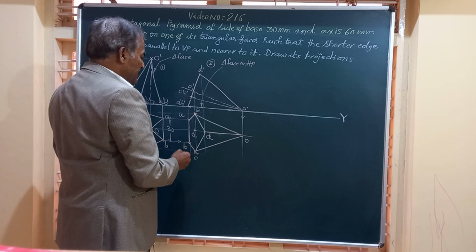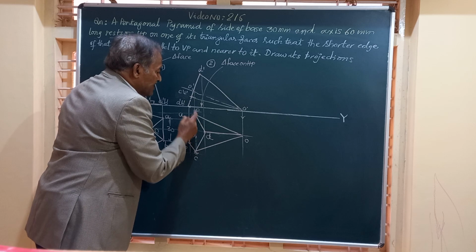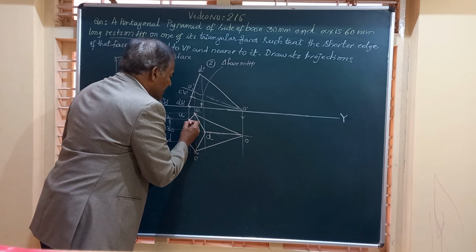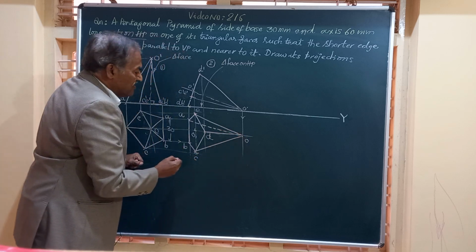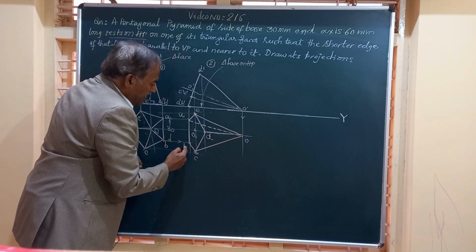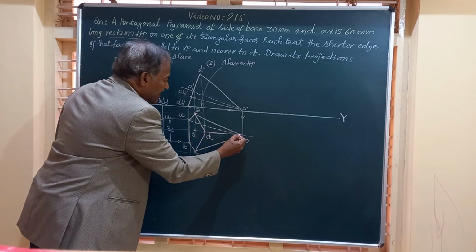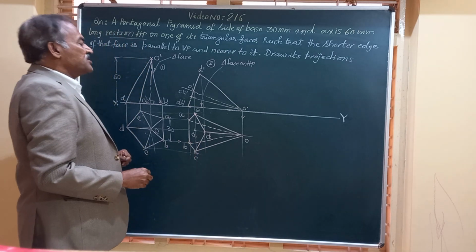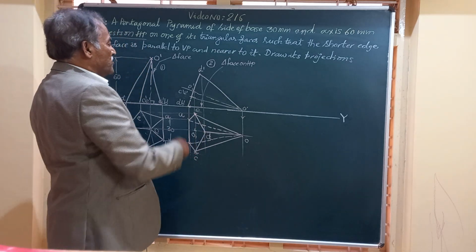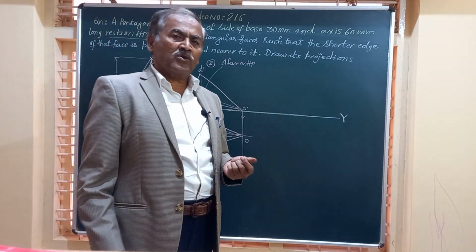Friends, you can see here, when you are joining O to A, it is intersecting with ED and hence this has to be shown by a dotted line. Likewise, when you are joining O and B, it is intersecting CD and hence this has to be a dotted line.